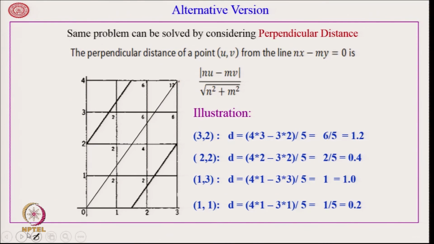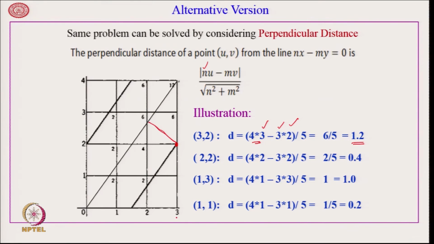As an illustration, from the point 3 2, the distance is going to be 4 star 3, because n is equal to 4 and u is equal to 3, minus m is equal to 3 and v is equal to 2. Therefore, this is coming out to be 6 by 5, which is equal to 1.2. So, if this is the perpendicular distance, then that length is 1.2.